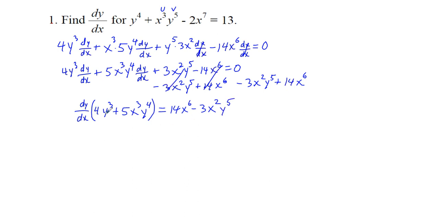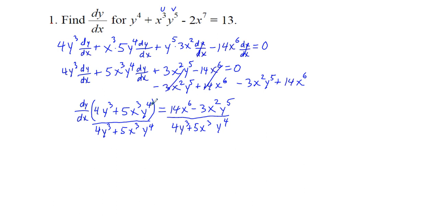And now, to solve for dy dx, we need to divide both sides of this equation by 4y to the third power plus 5x cubed y to the fourth power. And doing the same thing on the right side, we have divided by 4y to the third power plus 5x to the third power y to the fourth power.